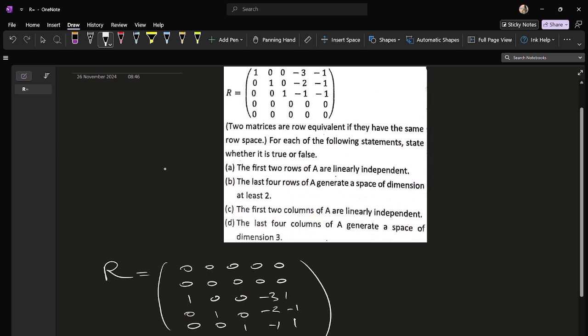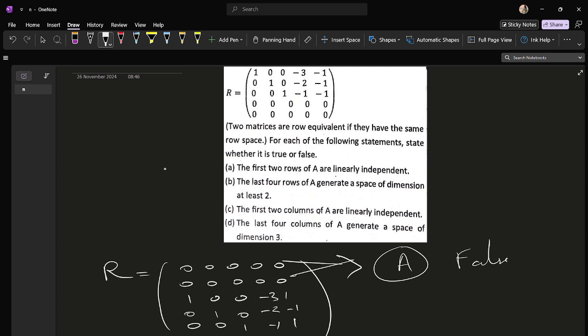So this is my new matrix, and those two matrices are row equivalent. From this, we can say that our option A is false, because the first two rows are not always linearly independent. We can easily see that in this case.